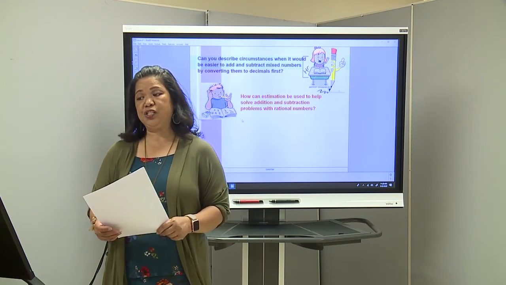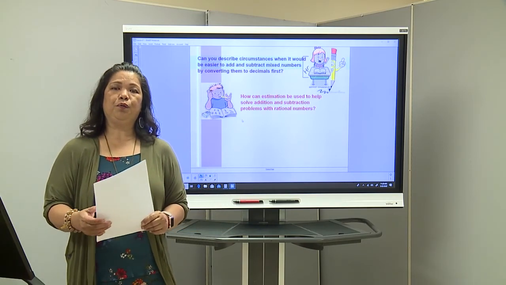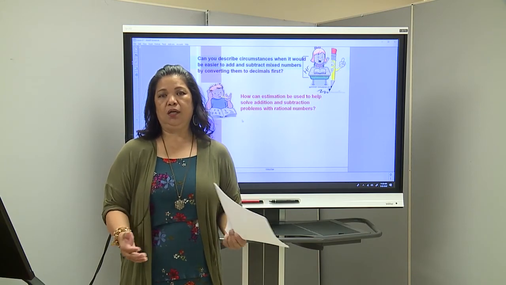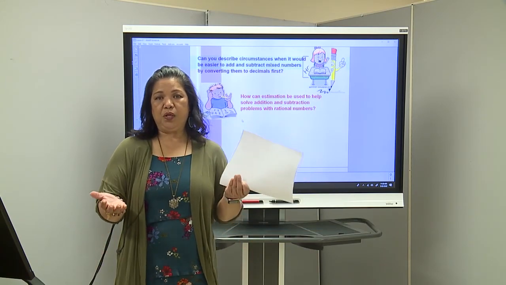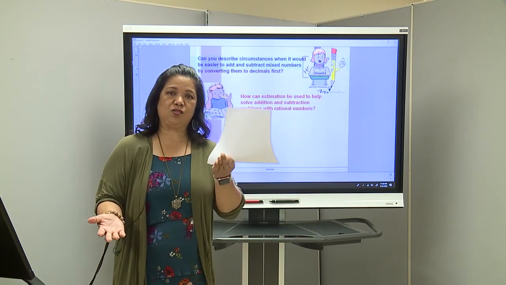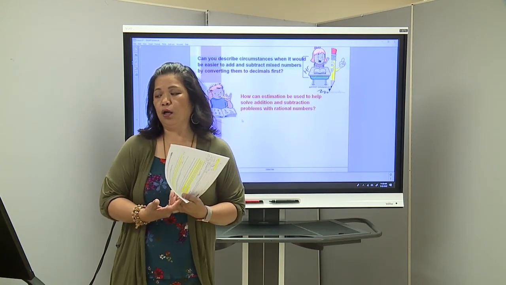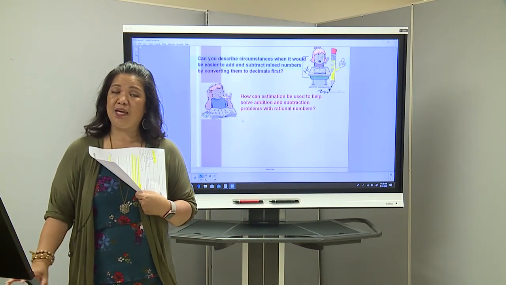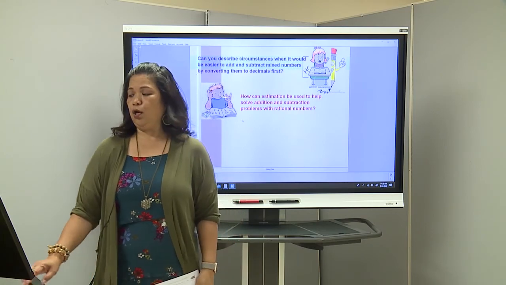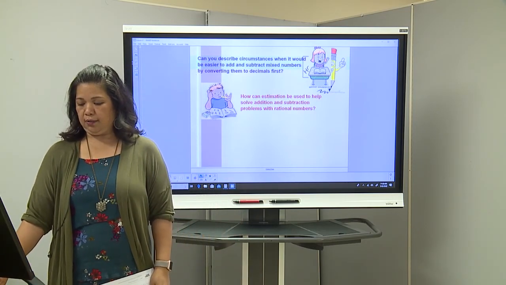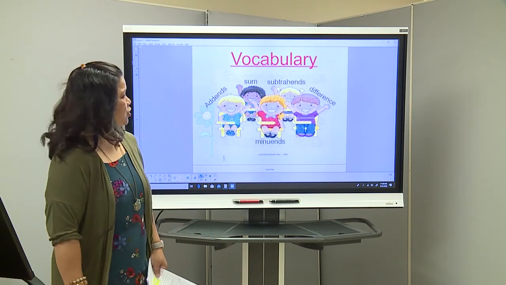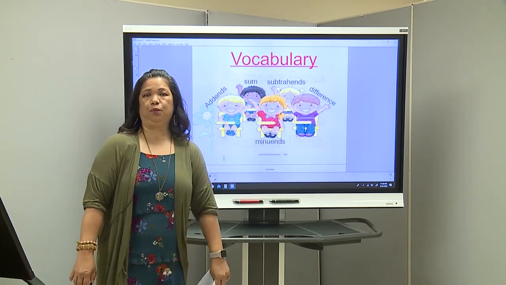So in lesson 9, we are going to use estimation so that we can compare the actual answer and the estimation and how close they are, so that we can say that our answer is reasonable or not. Okay, so let's start with vocabulary words.